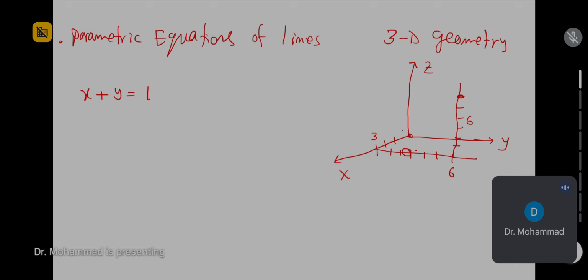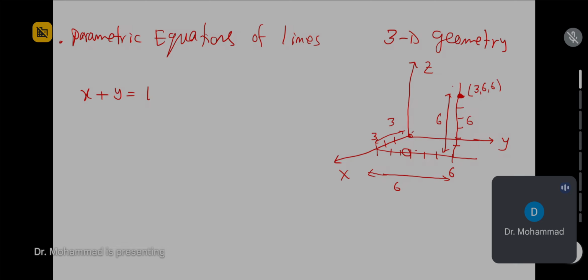So you see now, we travel along the x-axis 3 units, along the y-axis 6 units, and along the z-axis 6 units. Okay. So now the point is located here. So this point now takes the coordinates 3, 6, and 6.